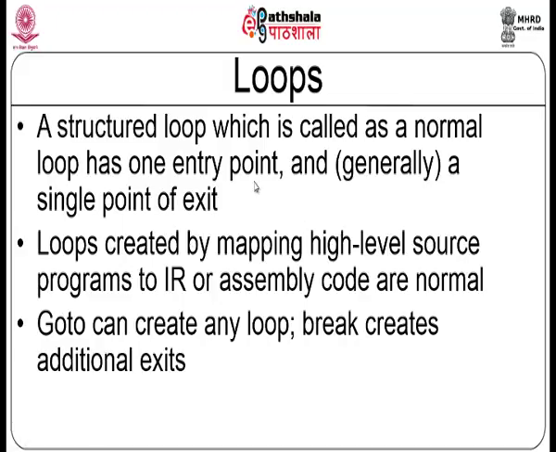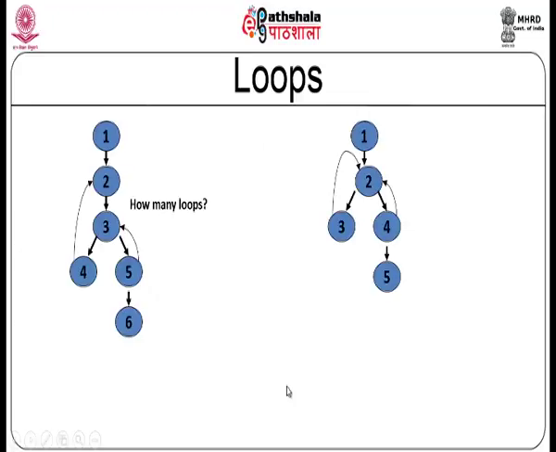So if you have an unconditional jump like goto, that may create additional loops, and if you have a break, that can lead to multiple exit points. So a break or a continue or a goto will result in creating multiple entry or multiple exit points, and that should be identified.